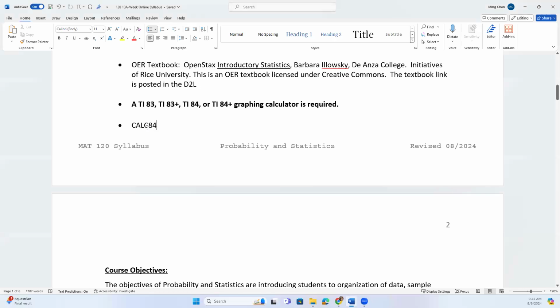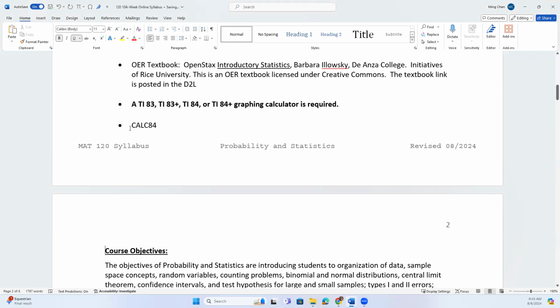Calc 84, yep. That's the name of the app. This is a free app. So unless you want to purchase an actual 84 graphing calculator app on your mobile device, this particular app is pretty close to an actual graphing calculator.